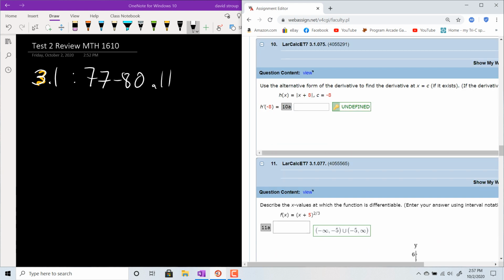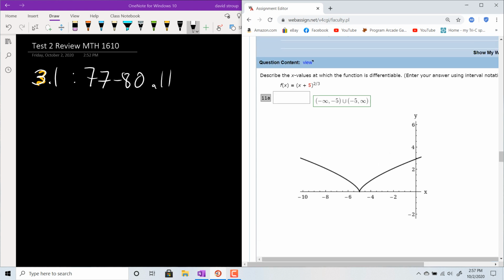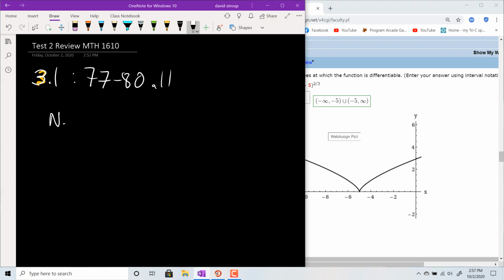Okay, so here's 77 right here. What these do is ask whether or not the function is differentiable. Maybe it's better to think of when it's not differentiable. In the picture on the right, it's not differentiable at what they call a cusp, where it's not smooth.